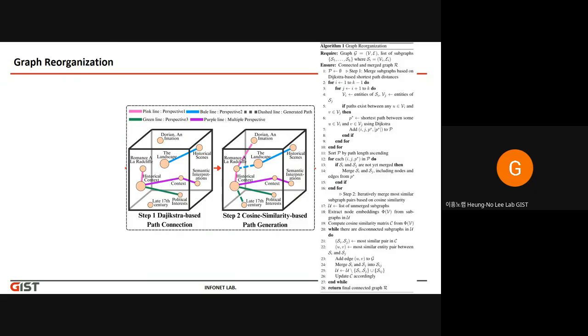This is helpful because those shortest paths often bring in intermediate nodes that were missing in the retrieved results, so they naturally fill the gaps in the reasoning chain.